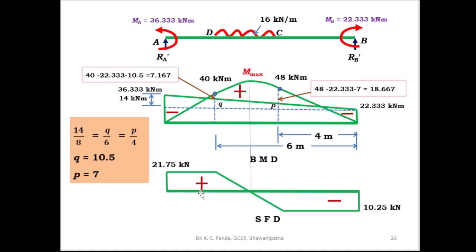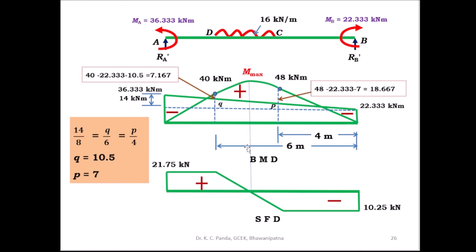You have to find out this distance, then after putting this distance you can find out the moment. Or else, you have to find out the shear force at a distance x from the support A, Fx. Then equate Fx equal to 0, and you can find out the position x of the maximum bending moment.